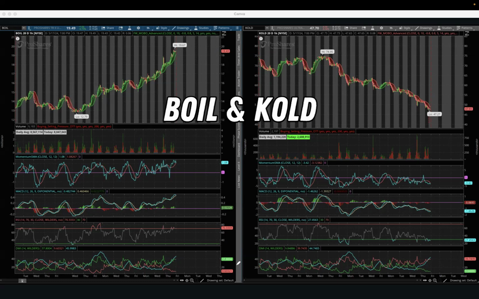And you can use the DMI here as well, right? And lots of times you'll say, all right, well, some of the indicators can be lagging, right? And we talked about how we got a crossover here, a bullish divergence here, and then we got a crossover here. One of them may happen first, right? So maybe you're looking here and saying, all right, the momentum SMA is crossing over. Let me see if I can get a MACD crossover.